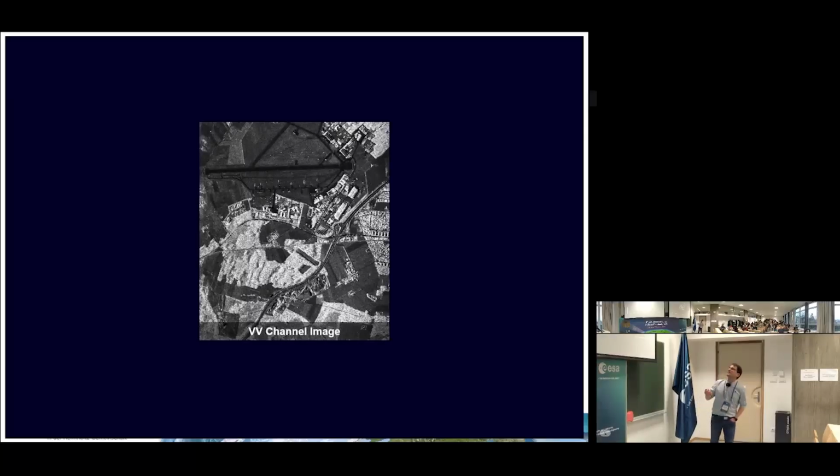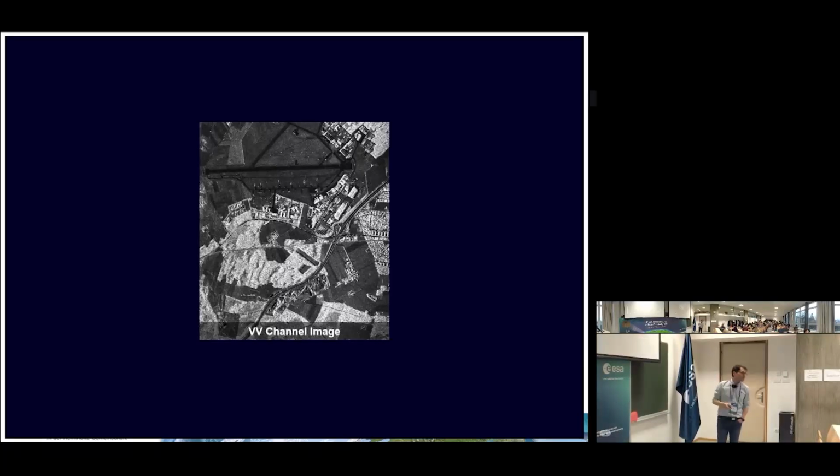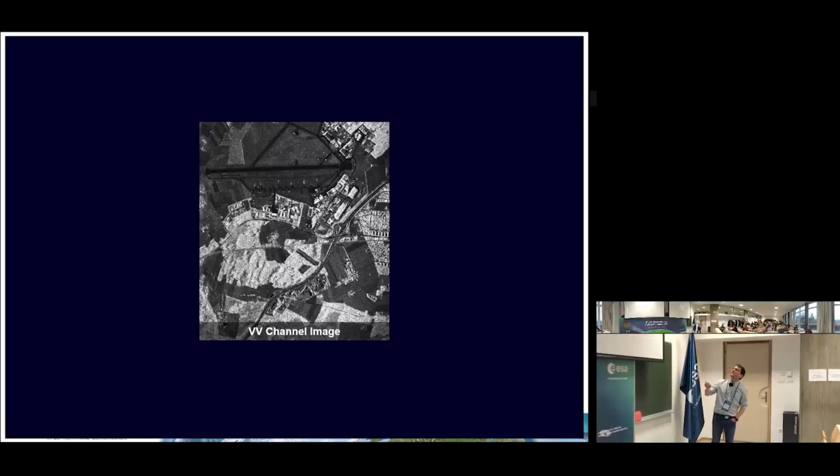Here in this image it's not difficult to guess what is what. Fields or bare surfaces don't scatter a lot, so their brightness is low. But then you have forests, and you also have these man-made targets in different pixels that scatter a lot more.